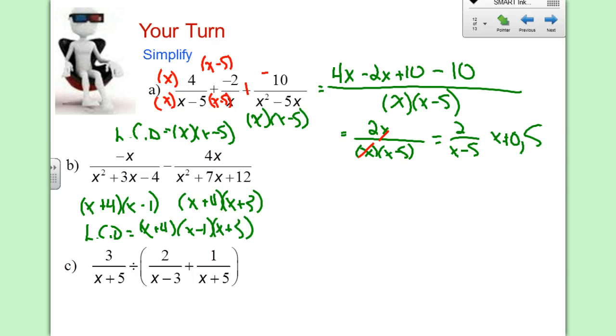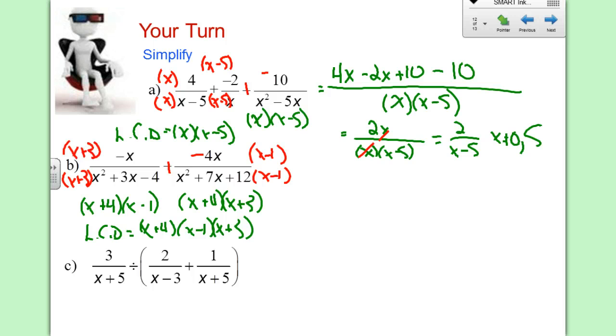So then I look back up top and I add the opposite. I don't want to forget about that. And I look and see what piece is missing from each of those. The second one is missing an x minus 1, so I multiply top and bottom by x minus 1. And in the first one, it's missing an x plus 3.